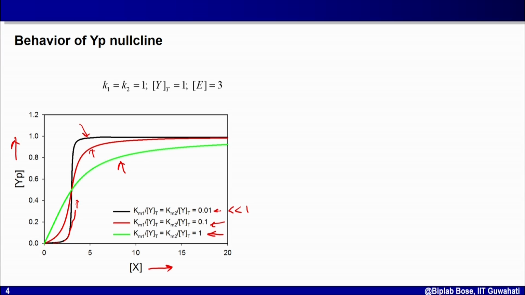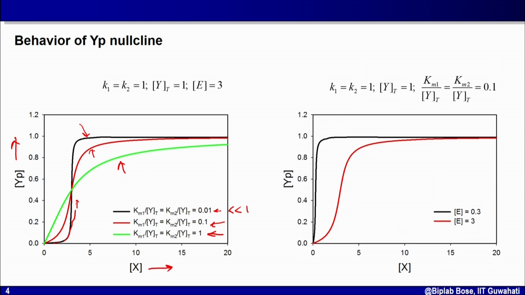Another parameter that will affect the shape of this nullcline is E, the total amount of phosphatase present. What I have drawn here, I have kept the ratio of Michaelis-Menten constant to the total amount of y at 0.1, but I have varied the value of E. So when E is small, 0.3, I get this sharp curve, the black one.